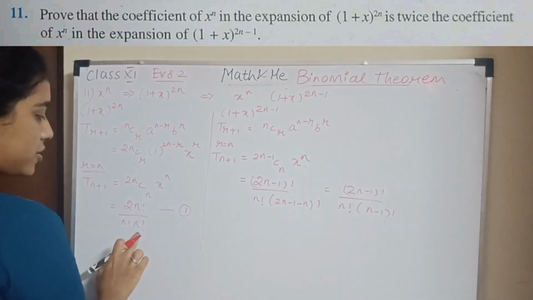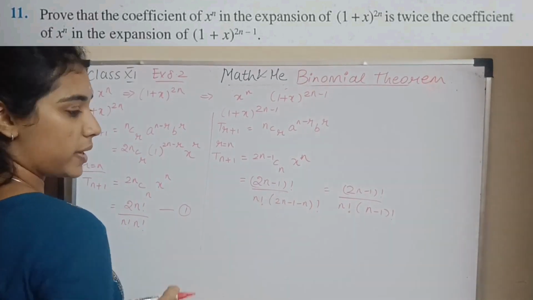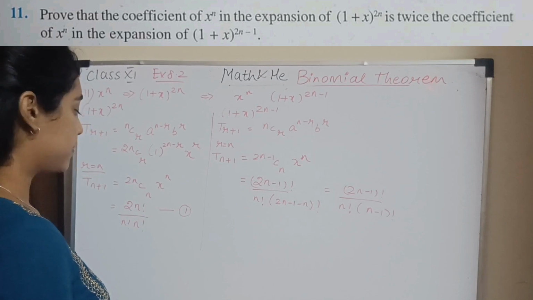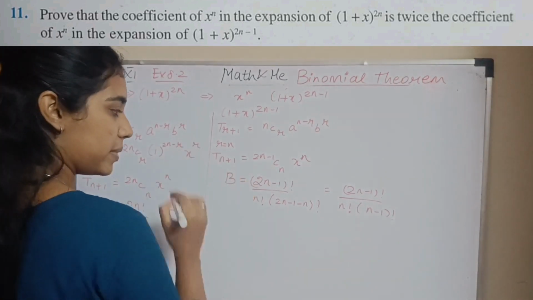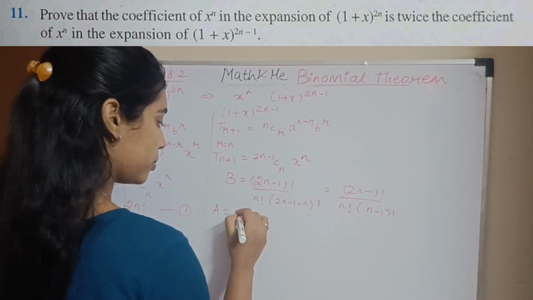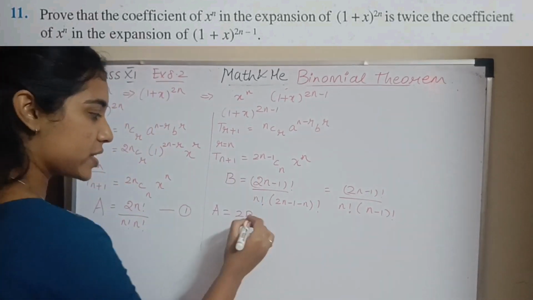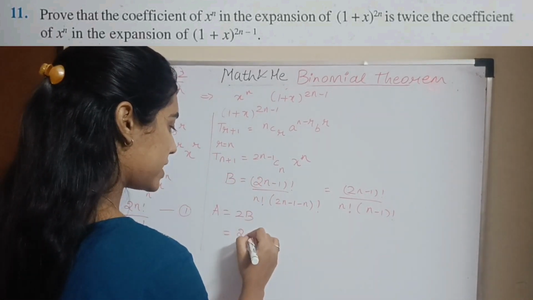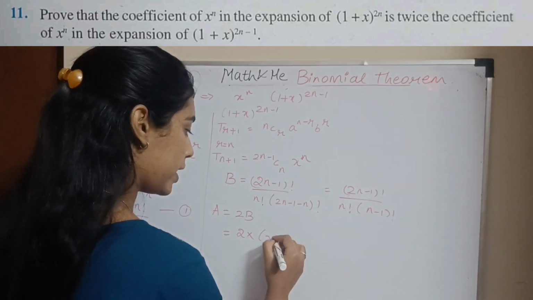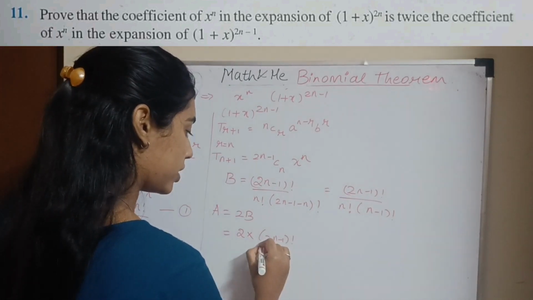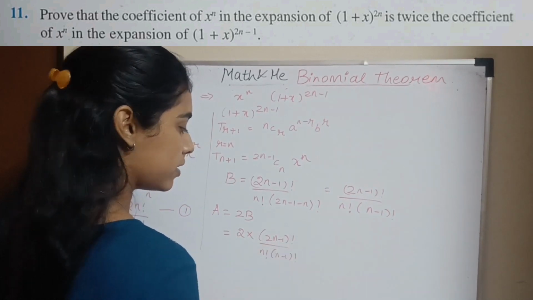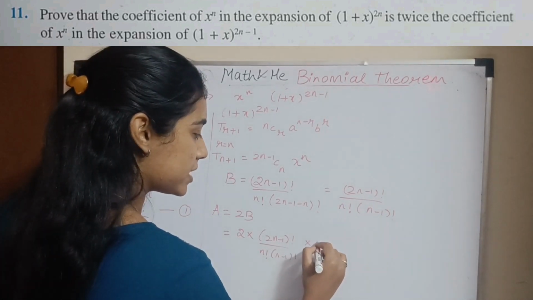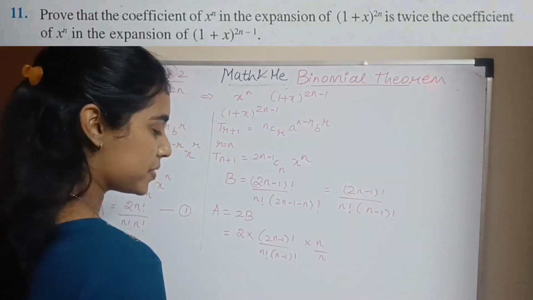So I need this coefficient to be twice of this coefficient. Correct? So let me call this coefficient capital A. Let me call this B. So I need A to be twice of B. So what do I have here? It is twice of 2n minus 1 the whole factorial divided by n factorial times n minus 1 the whole factorial. So I'm going to multiply this by n and divide by n. So what do I have?